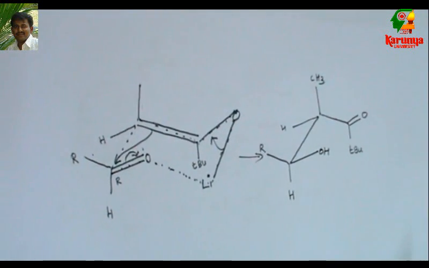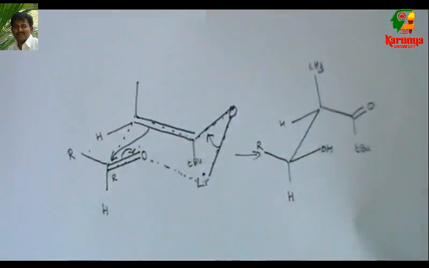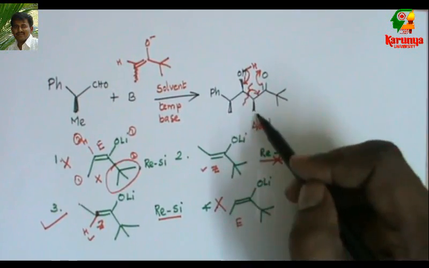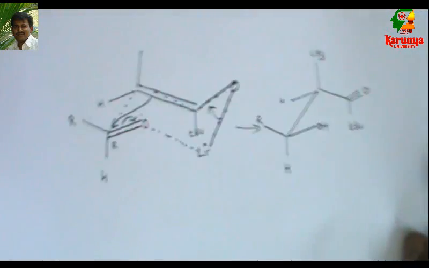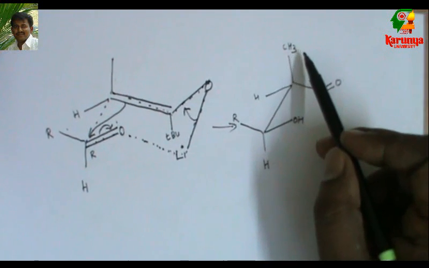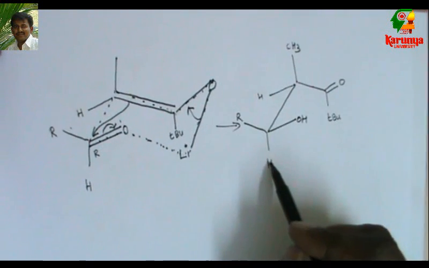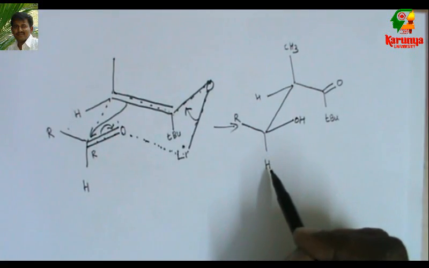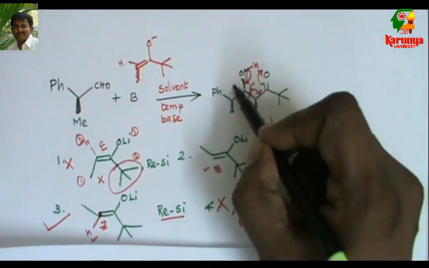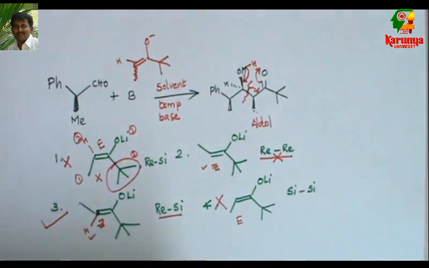CH3 and OH, they are syn. In the given problem, OH and CH3 are syn. This CH3 and hydrogen, they are trans. You can see that here, this CH3 and the hydrogen are trans.